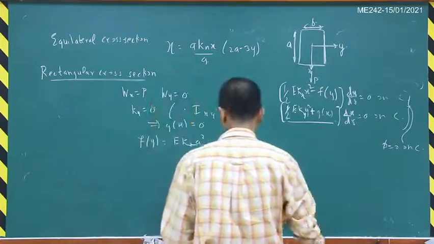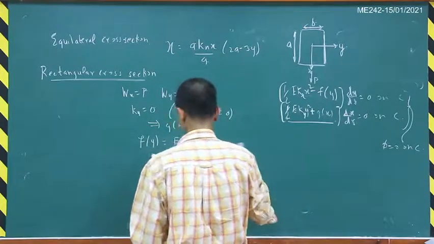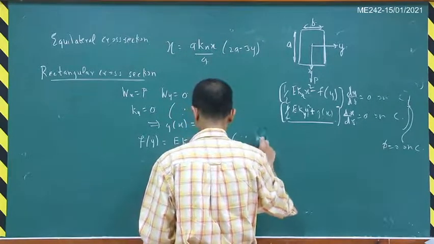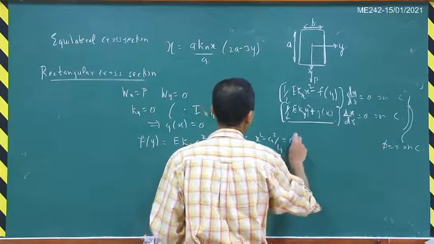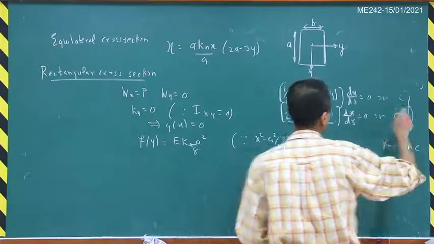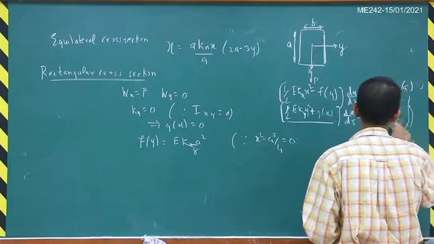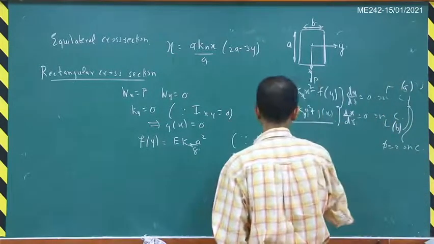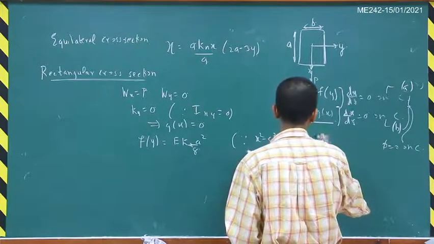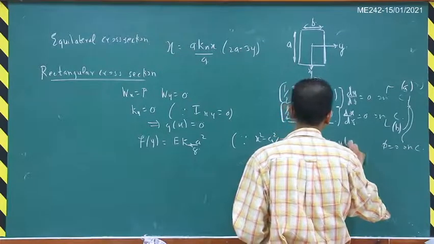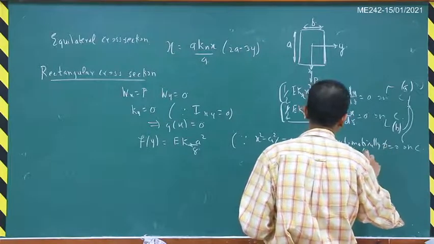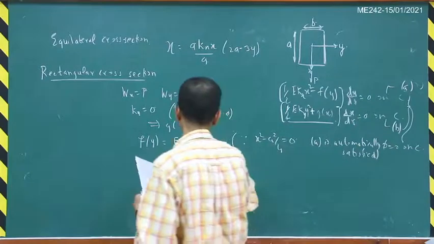Since x square minus a square by 4 is equal to 0, this equation will be satisfied. So let us call this A, and this equation let us call B. Since x square minus a square by 4 is equal to 0, A is automatically satisfied by this particular choice, right?